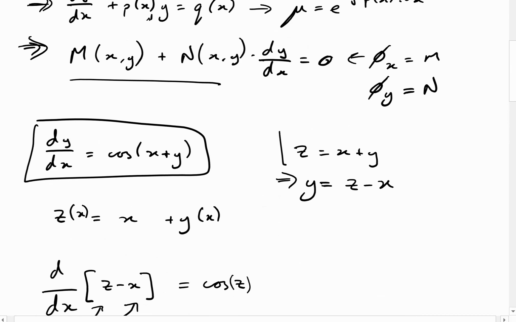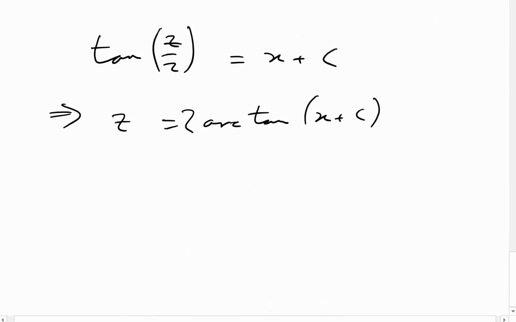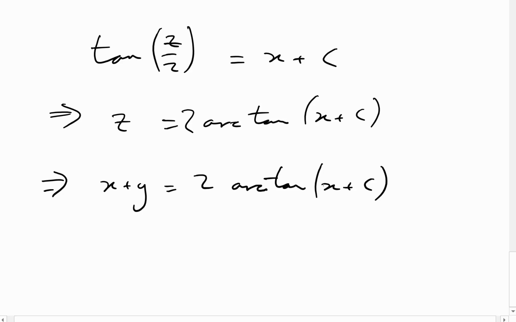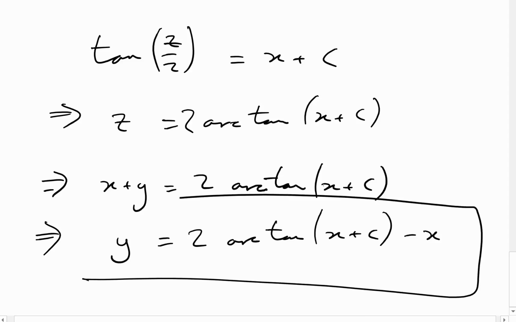Well, z was x plus y. So if I replace z with x plus y, I'll get my final answer. So x plus y is equal to 2 arc tan of x plus c. Therefore, since I want what y equals, y is equal to 2 arc tan of x plus c, minus x. And there is my final answer.